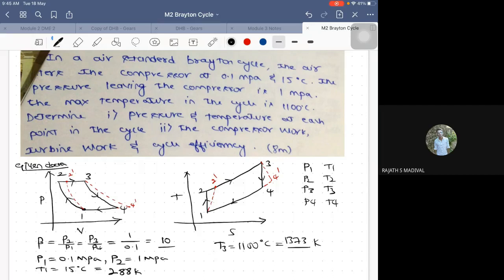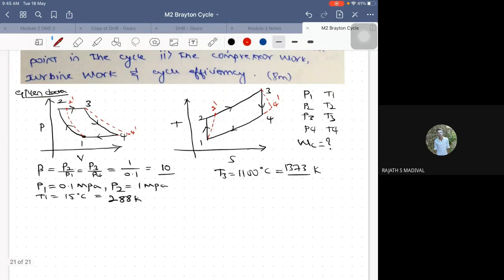Next, compressor work and turbine work. Next, the cycle efficiency.